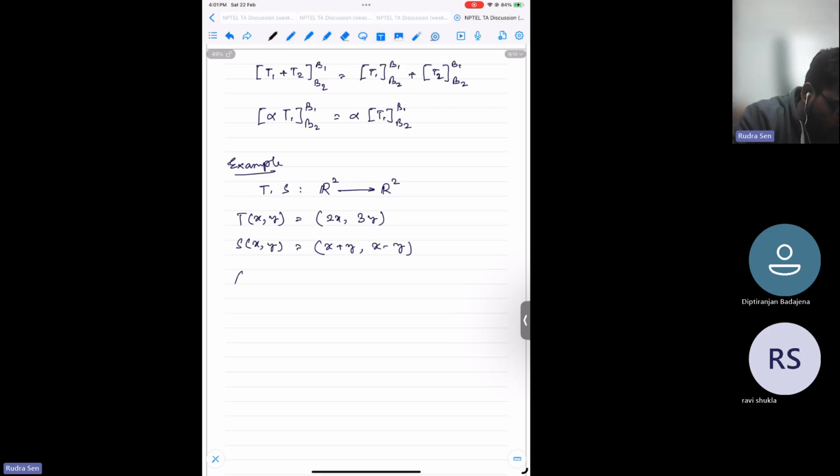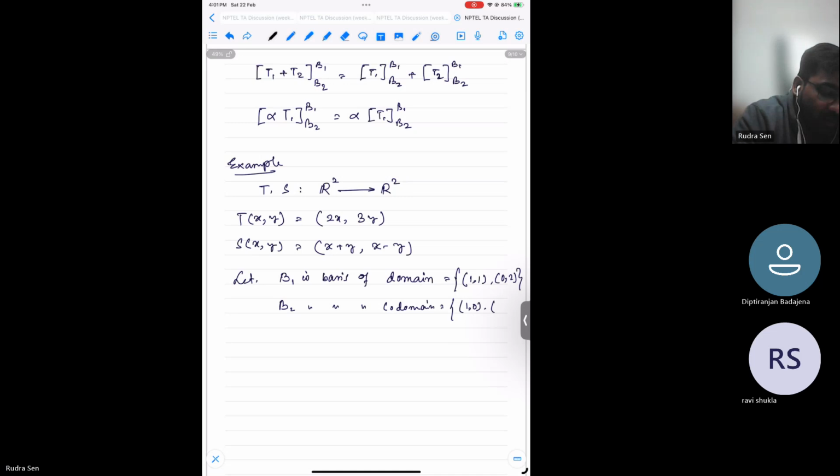And let B be the basis of the domain, which consists of (1, 1) and (0, 2). B1 and B2 is the basis of the codomain, which is the standard basis, that is (1, 0) and (0, 1).